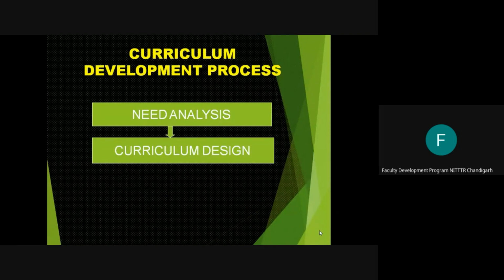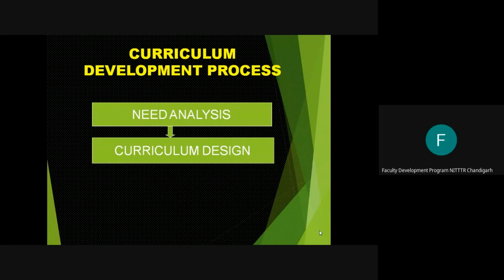We detail out the contents, the theory part, the practical part, the study and evaluation scheme, the horizontal and vertical organization, resources required for that program. So everything is decided, especially the syllabus part. All these things are decided at the second stage, and this stage is called the curriculum design stage. At the end of this stage, my curriculum document is ready.